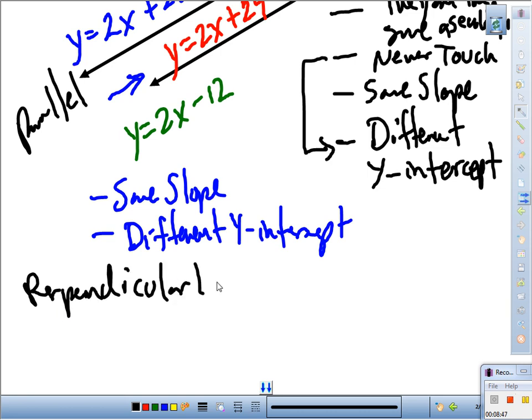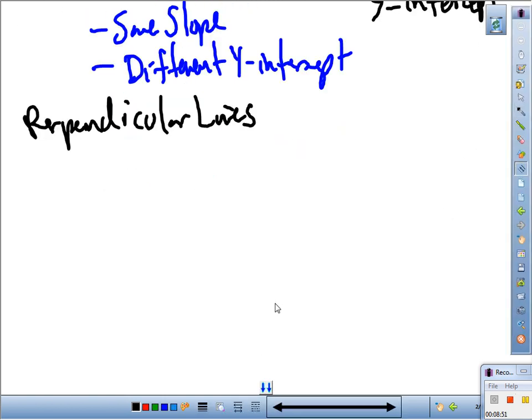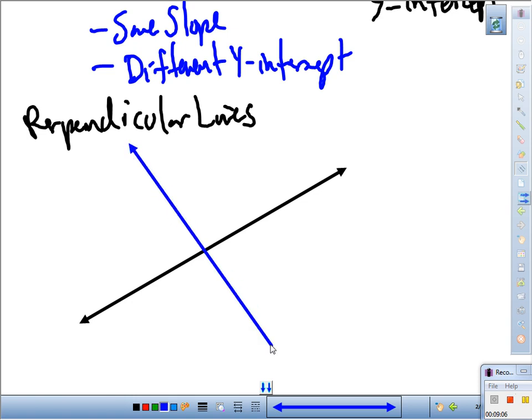Perpendicular lines. All right, so check this out. Draw this one like this. If you have your colors, I'm going to sketch the other one a different color in blue, like so.